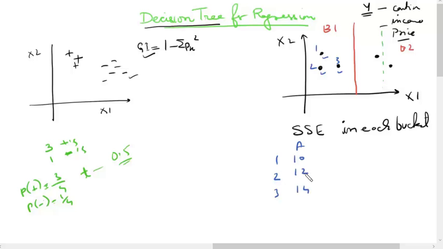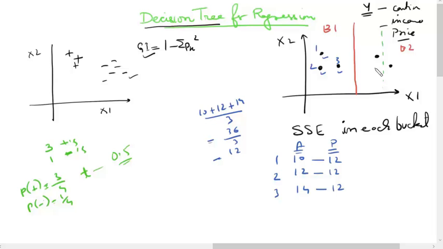What will our prediction from a decision tree be? It will be the average of all the 3. So it will be 10 plus 12 plus 14 divided by 3, so it will be 12. So I'll predict 12 for this house. I'll also predict 12 for this house, and I will also predict 12 for this house, and so on.